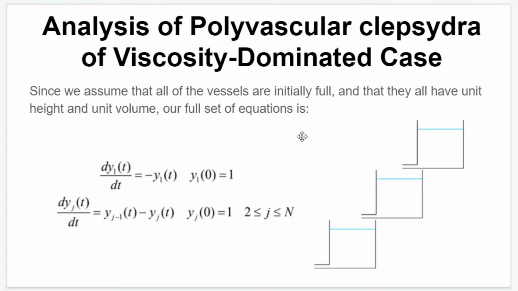Our full set of equations is like this, where y1 of t indicates the first container's water level, and yj of t is the jth container's water level. All of the initial values are 1, since we set unit volume and unit height.